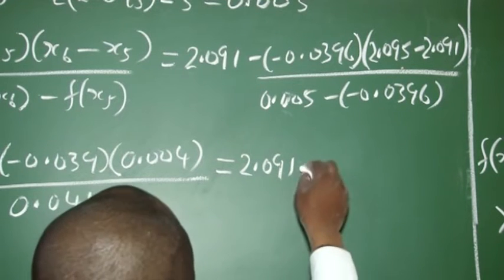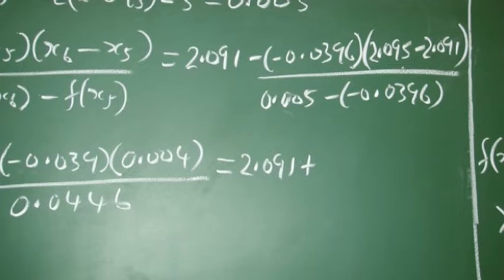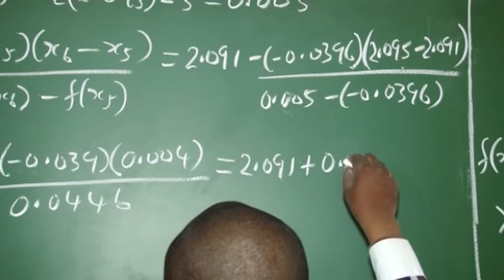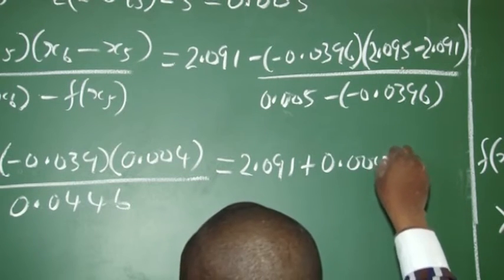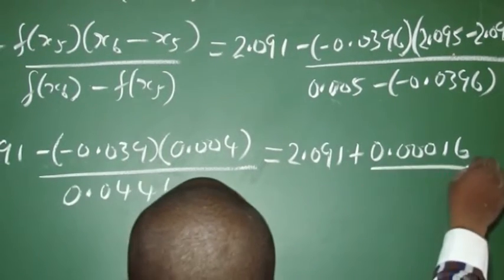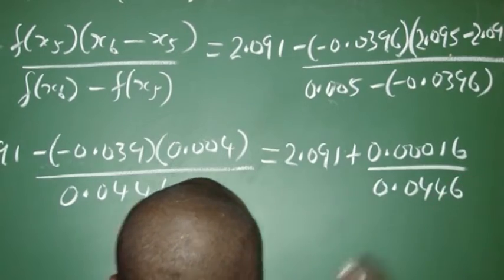Okay, so here we have 2.091 plus. Now it's plus because of this. So we have 0.039 times 0.004. That gives us 0.00016 over 0.0446.